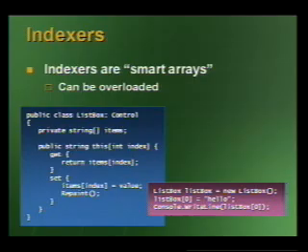One example, staying with the control metaphor, is a list box that contains a list of items. Internally it declares a string array that stores the items in the list box, and then it declares an indexer, which looks like a property but has the name this and has an argument list in brackets.